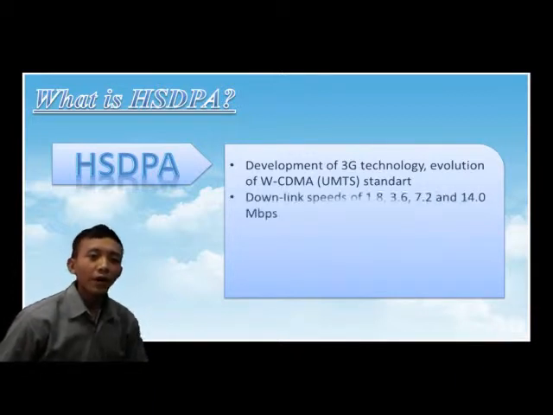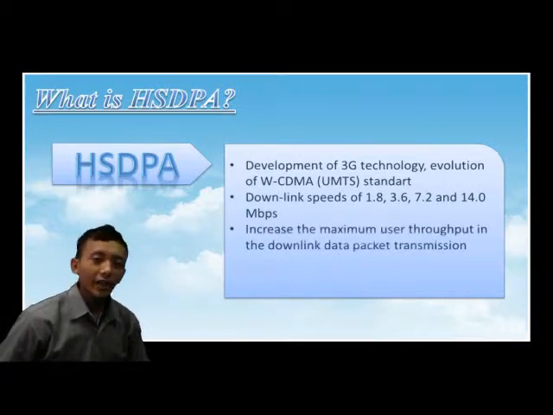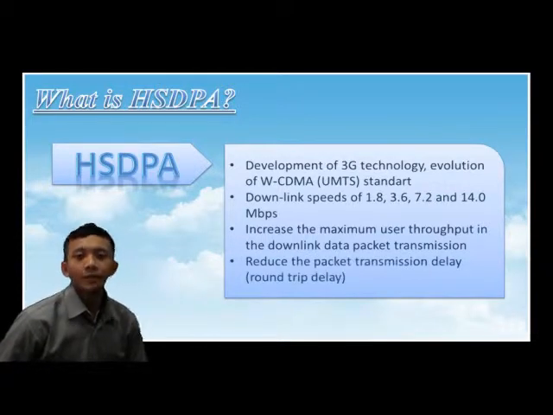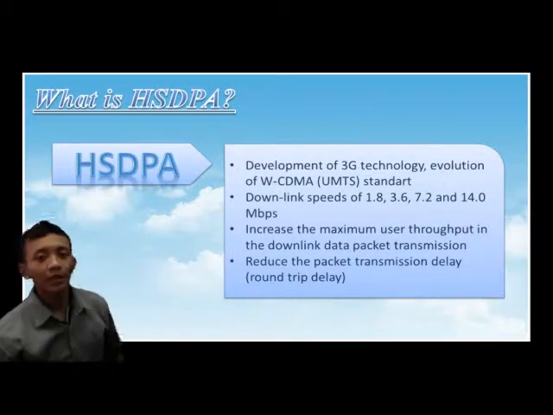The deployment of HSDPA supports downlink speeds of 1.8, 3.6, 7.2 and 14 megabits per second. The main goal of HSDPA is to increase the maximum user throughput in downlink data packet transmission and reduce the packet transmission delay. Okay, next.